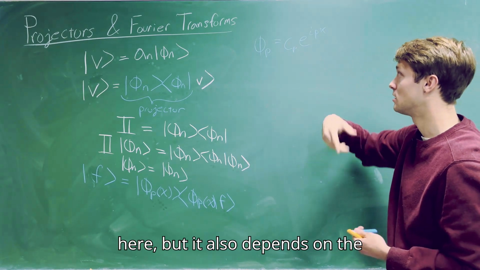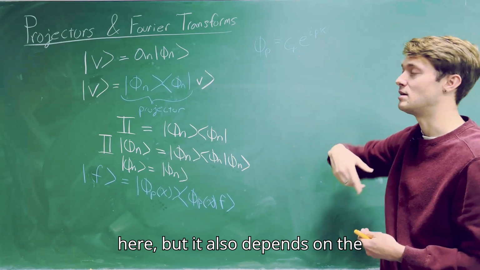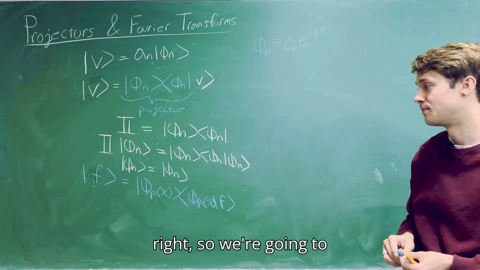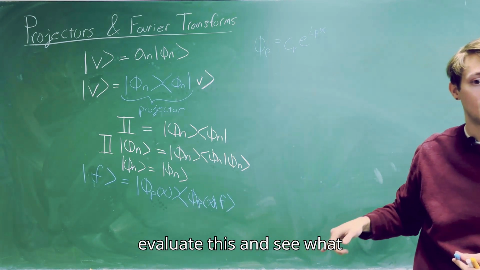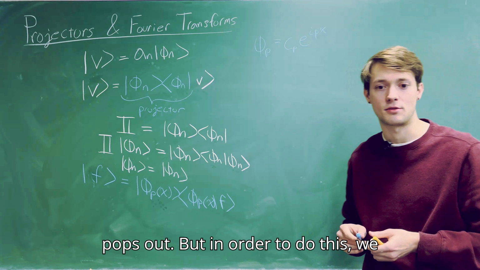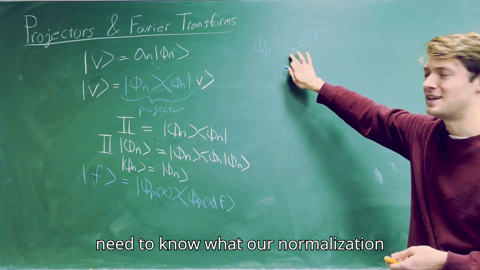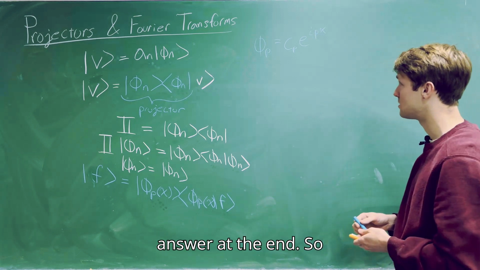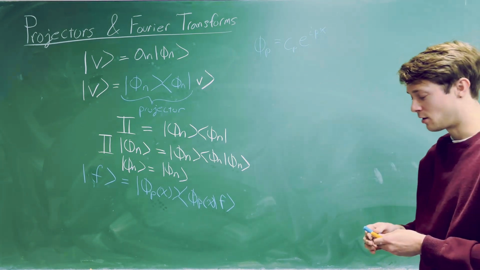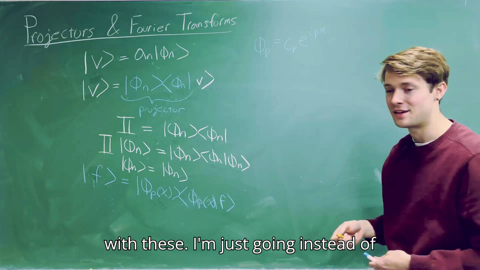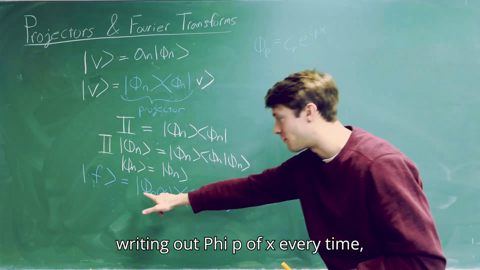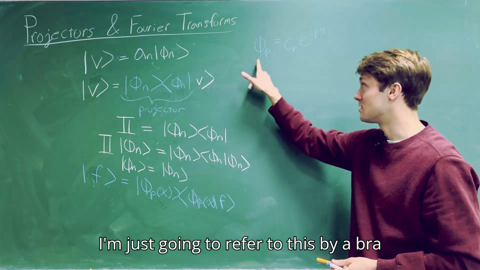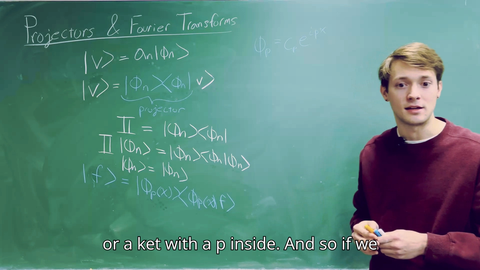We have an x in here, but it also depends on the momentum p. All right, so we're going to evaluate this and see what pops out. But in order to do this, we need to know what our normalization constant is to get some fully specified answer at the end. So we often use shorthand when we're dealing with these. Instead of writing out phi p of x every time, I'm just going to refer to this by a bra or a ket with a p inside.